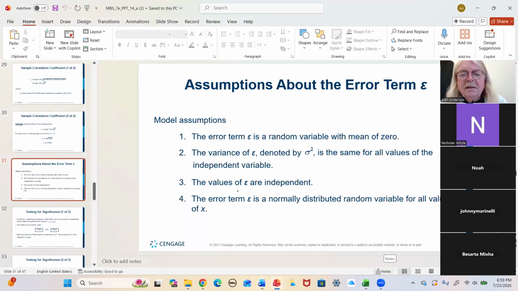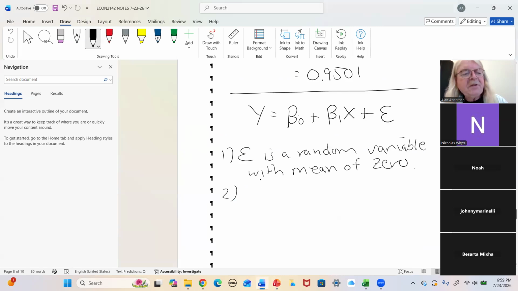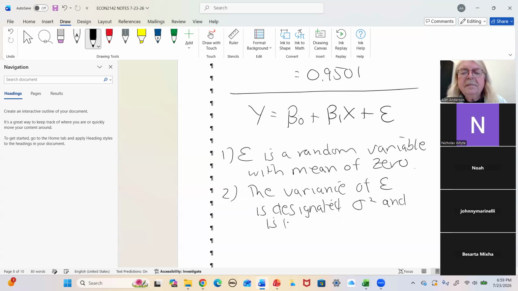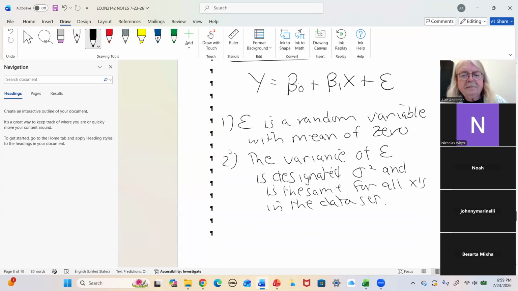Now I did mention that epsilon is a random variable. It's going to have moments, which includes the mean and the variance. The variance of epsilon, designated sigma squared, is the same for all x's in the data set. We don't know what it is until we measure it, but we do know we're assuming it's the same for all of them.